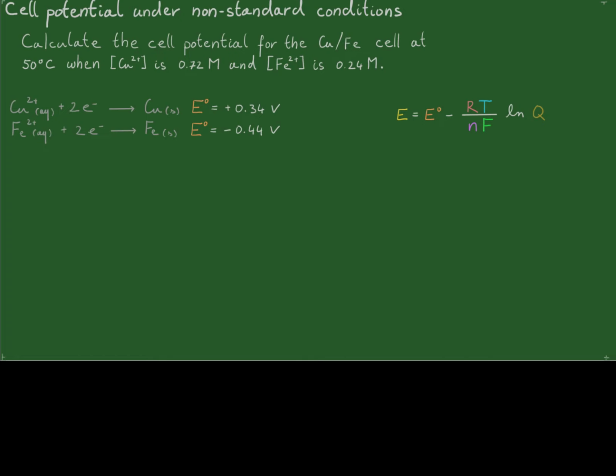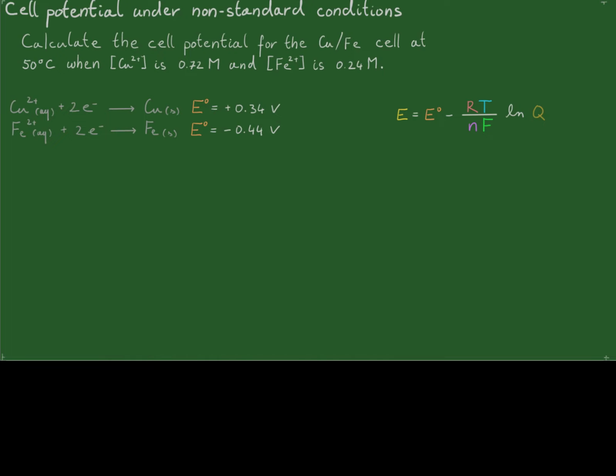Seeing how this is a redox question, it's always a good idea to figure out which one of these two half-cells is your cathode and which one is the anode. Well, we know that the more positive the standard reduction potential is, the greater the chance that that half reaction will undergo reduction. In this case, it is the copper half reaction that has the more positive standard reduction potential.